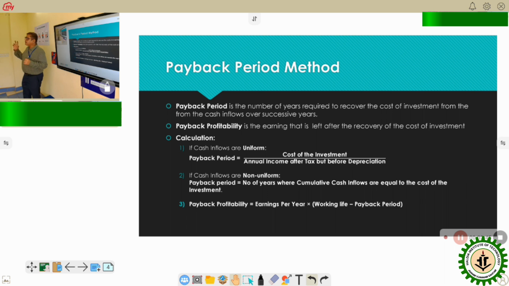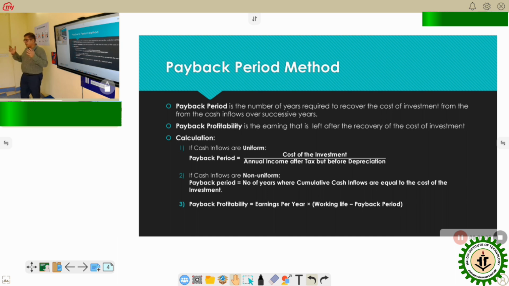Now, there is a time period within which the cost of investment can be recovered from the future generation of cash inflows, or simply the income.